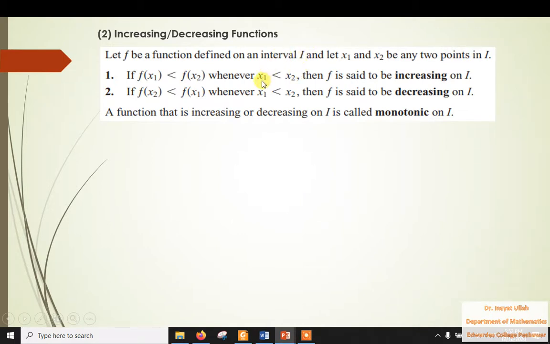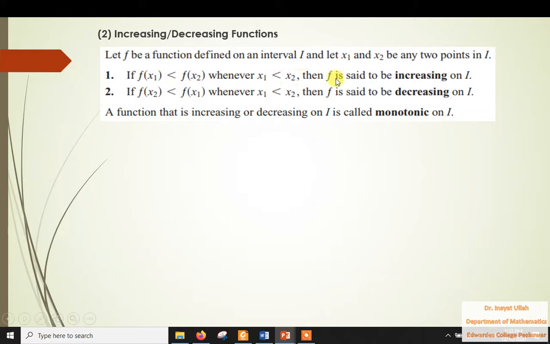So whenever this x1 is less than x2 and you find the value of f of x1 and f of x2, and the value of f of x1 is less than f of x2 as well, it means that x1 is less than x2, and similarly f of x1 must be less than f of x2.